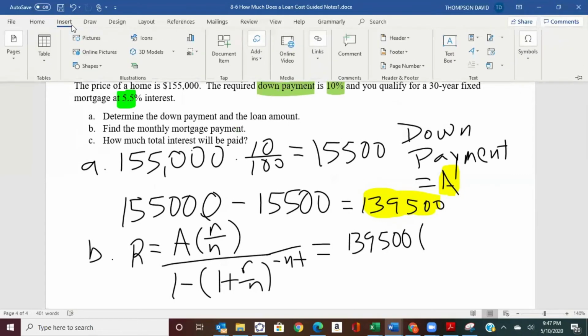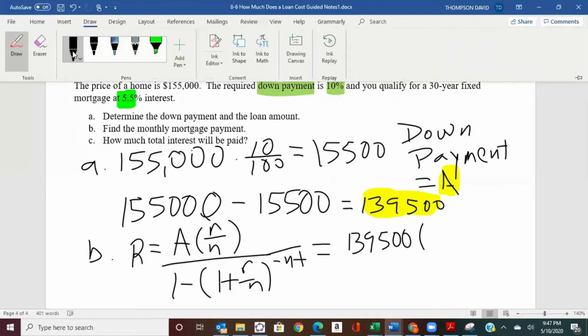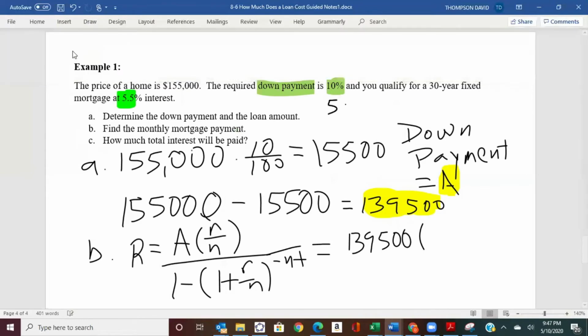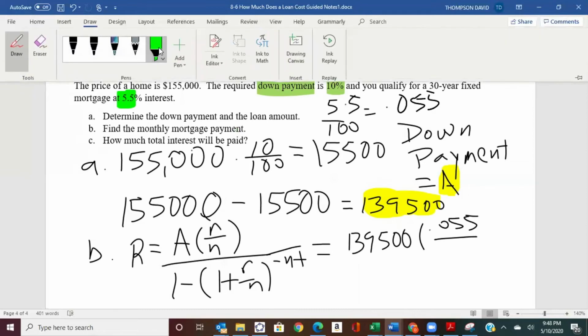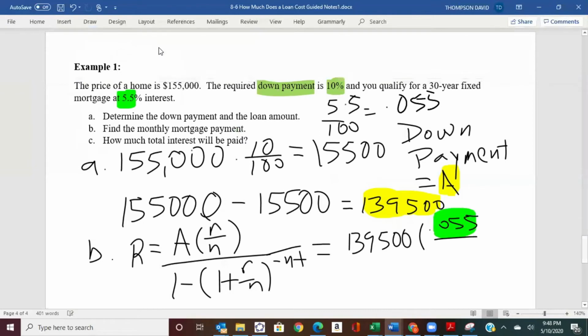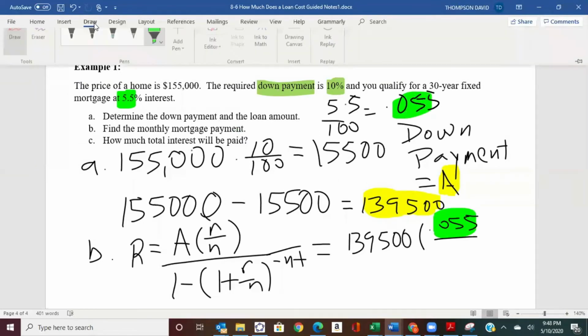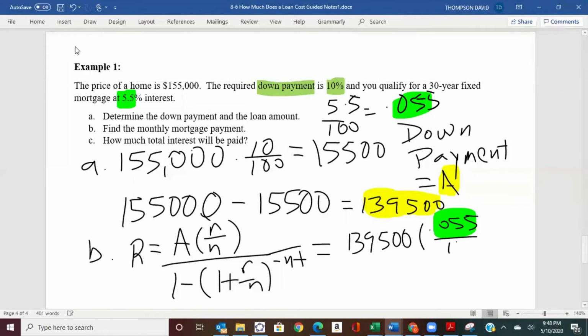5.5. So just divide that by 100. That would be 0.055. 0.055 divided by 12, since we're talking about a loan.